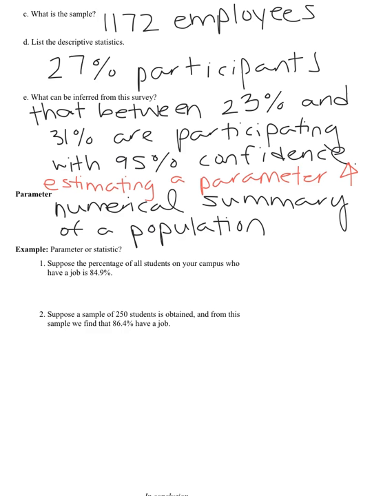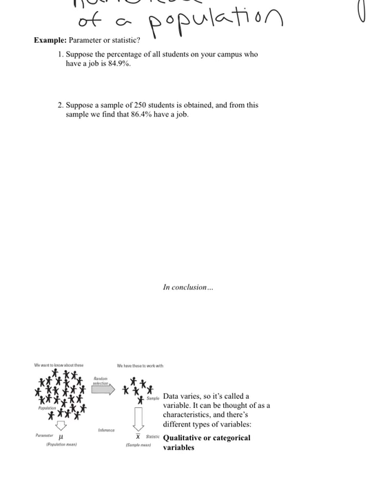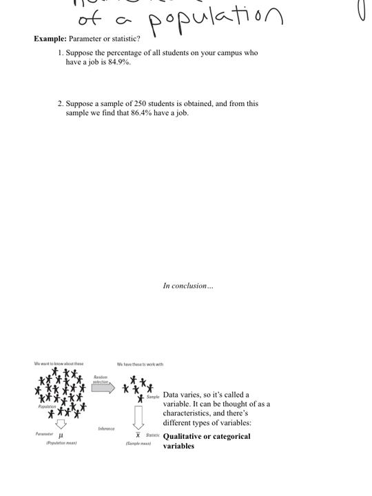Okay, so let's play a game. It's called statistic or parameter. Okay, so suppose that the percentage of all students on your campus who have a job is 84.9%. All right, so is this 84.9% a parameter or a statistic? In other words, is this a numerical summary for an entire population or a small group from the population?